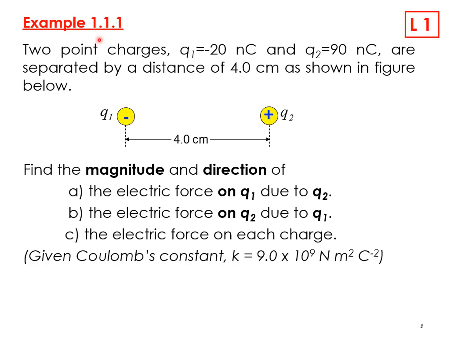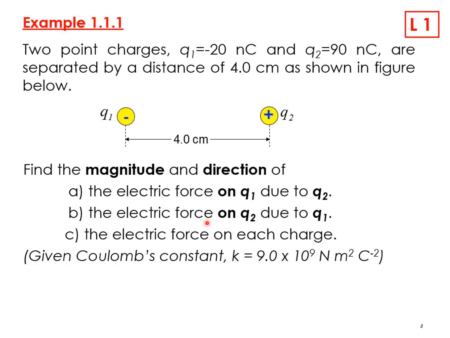Example 1.1.1. Given two point charges, Q1 which is negative 20 nanocoulomb and Q2 which is 90 nanocoulomb, separated by a distance of 4 cm as shown in the figure below. A: find the magnitude and the direction of the electric force on Q1 due to Q2.